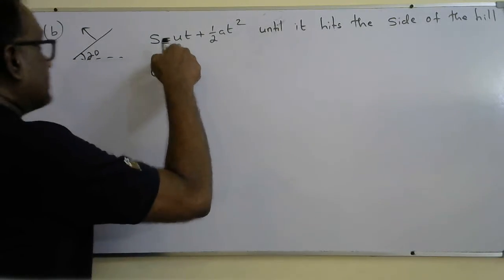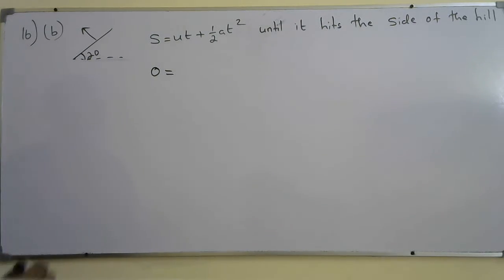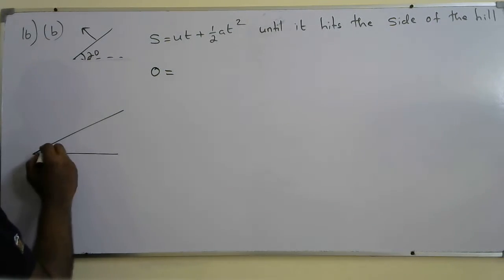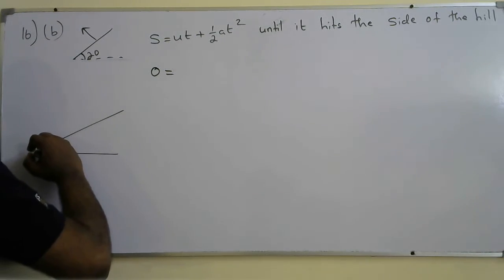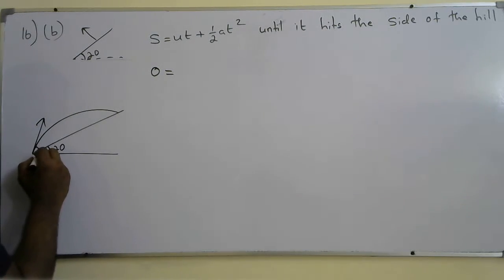The initial velocity, I need to consider that also perpendicular to the slope. The initial velocity is given: it is projected at an angle of 40 degrees to the horizontal.